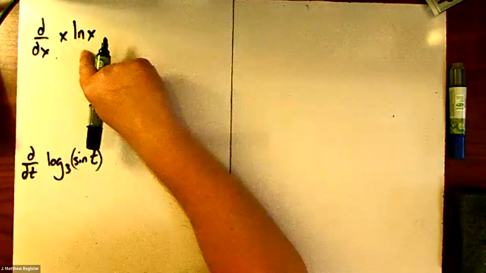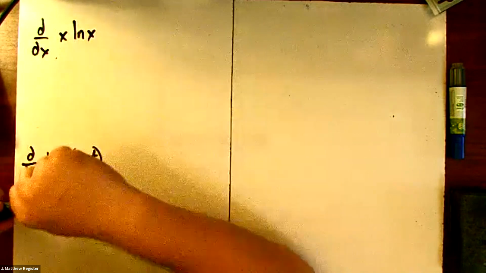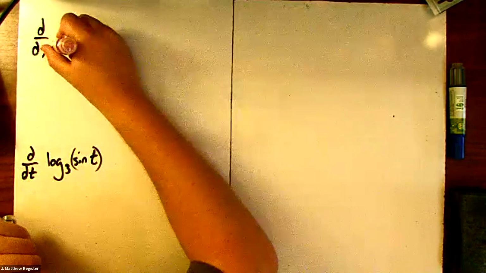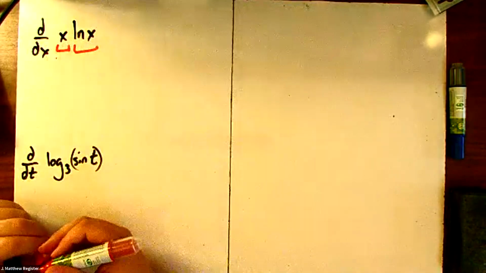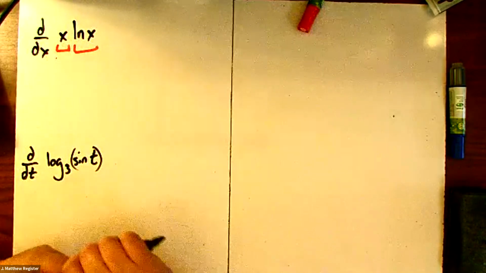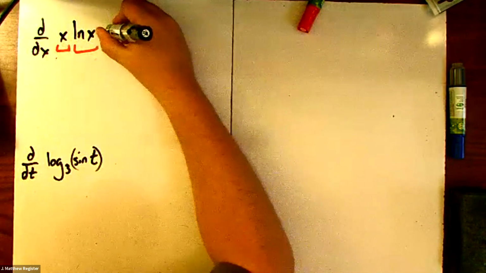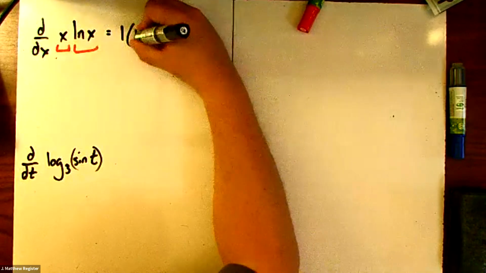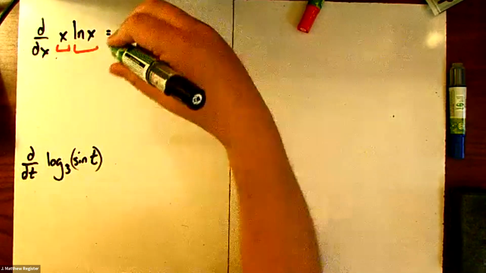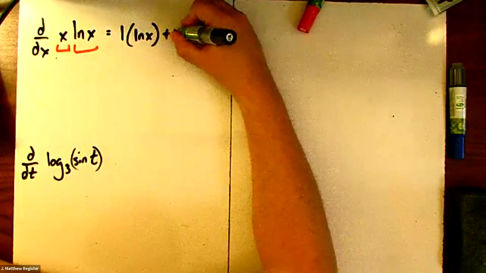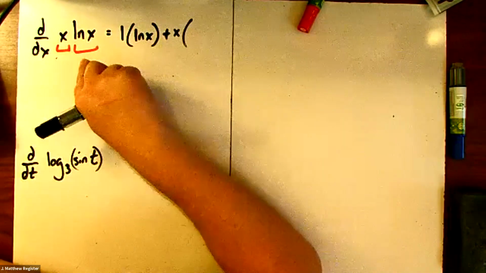And so looking at this first one, it is a product because this is the product of two functions, which means we need to use our product rule. Using the product rule, the derivative of x is 1 times natural log of x plus x times the derivative of natural log.